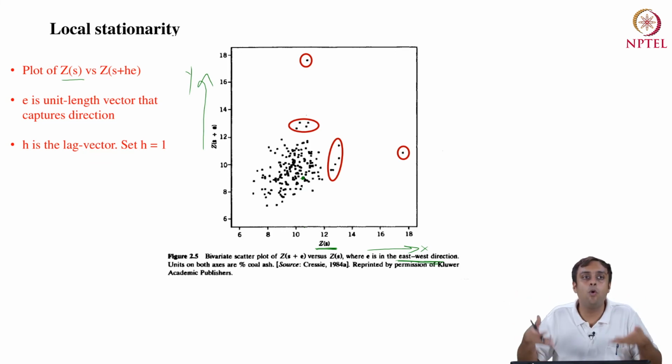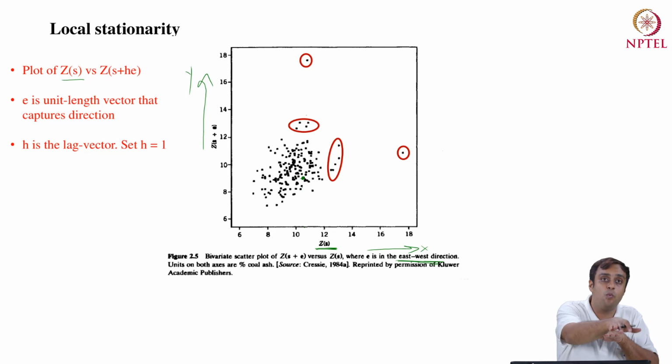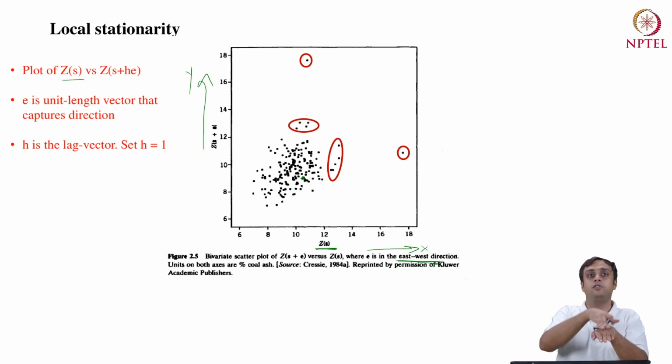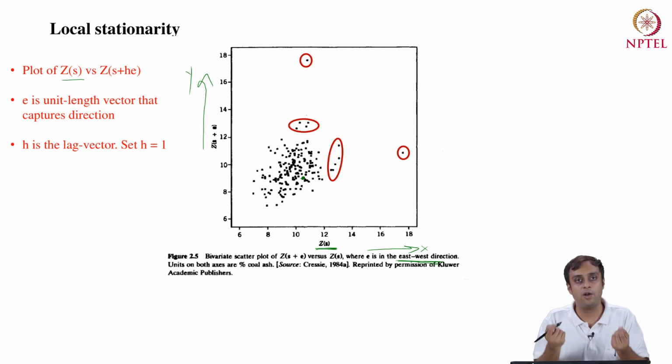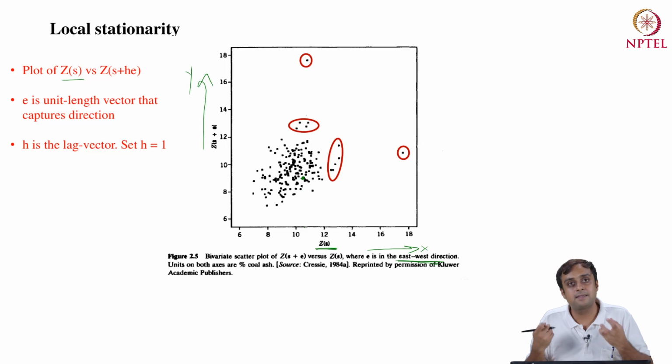Again, it's coal lying under the ground. How different can the coal ash percentage be if you just walk one step towards the eastward or westward direction, or towards the north or south direction? It's just one hop, right? So whenever we see values that are standing out from this bivariate scatter plot, that is a signal of outliers.